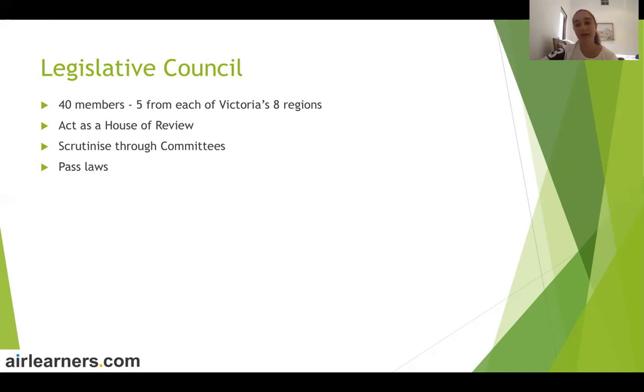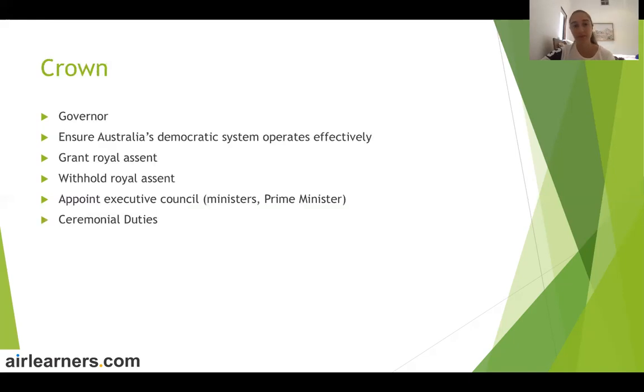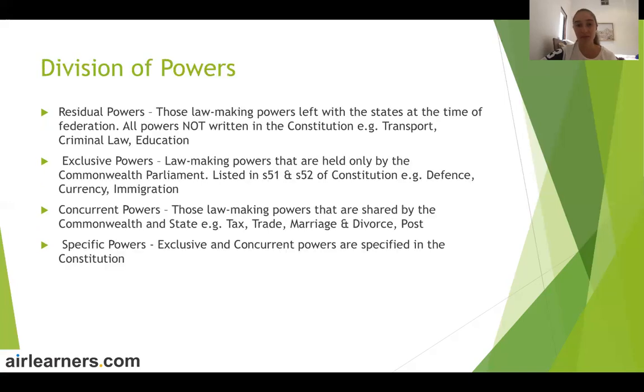And to a lesser extent, the Legislative Council also has a role to introduce legislation into Parliament. And the Crown has the exact same roles as the Crown for Commonwealth Parliament, except the only real difference is that it's the Governor of Victoria representing the Queen instead of the Governor-General at Commonwealth level.